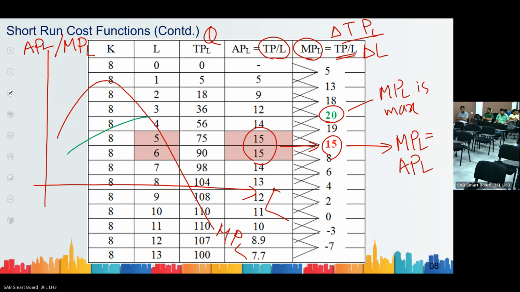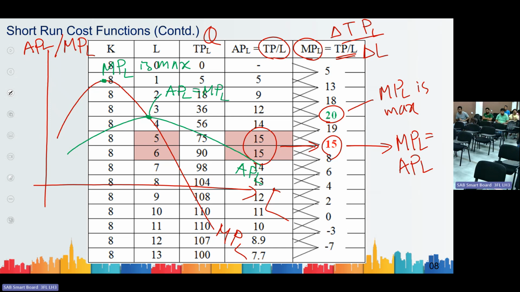This is APL. This is where APL and MPL are equal. This is where MPL is maximum. So these curves are familiar to you from the previous session.